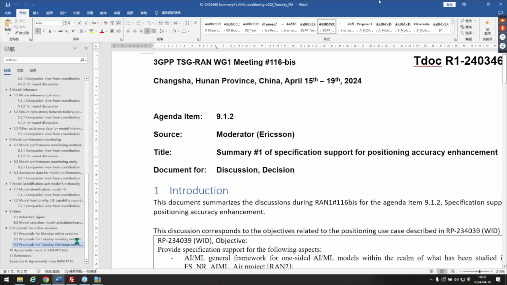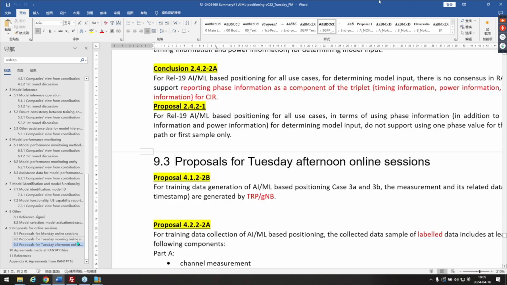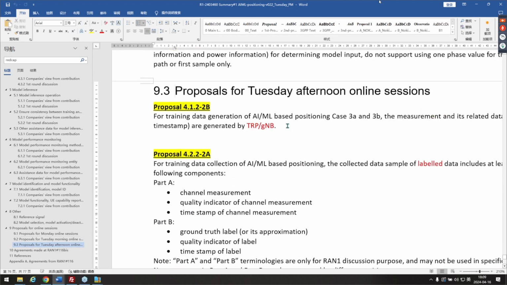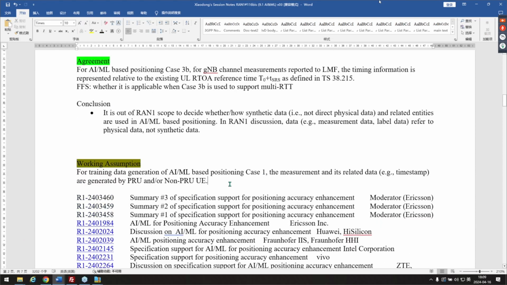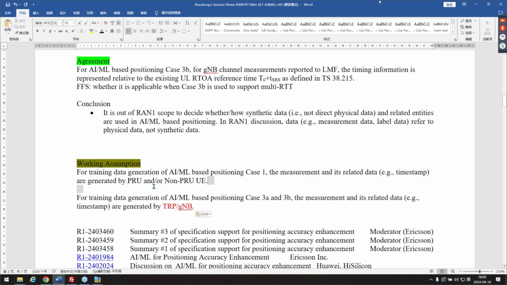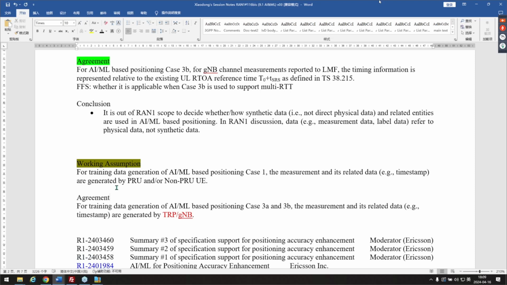The first one is actually a comeback of what we discussed in the morning. I checked around and let's try this TRP/gNB, which should be acceptable by all. So we don't have to make it one way or the other. Okay, just a quick check. If there are still more comments, I will skip it.